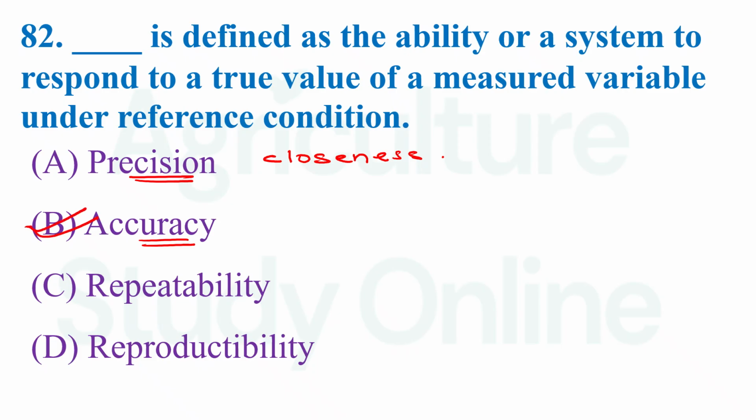So option B will be the correct option, and it is defined under the reference condition. Repeatability, so it is same result under same condition. And reproducibility is same result but under different conditions. So accuracy is for the closeness to the true value and precision is closeness among the readings. So correct option is B.